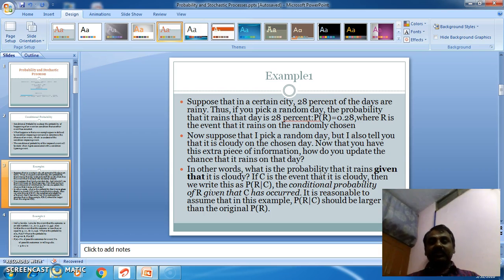If C is the event that it is cloudy, we write this as P of R by C, the conditional probability of R, given that C has occurred. It's reasonable to assume that in this example, P of R by C should be larger than the original P of R.